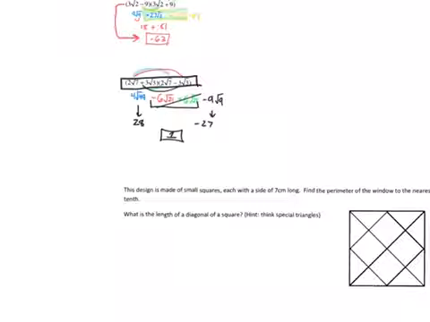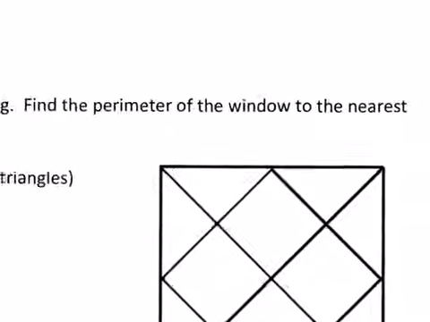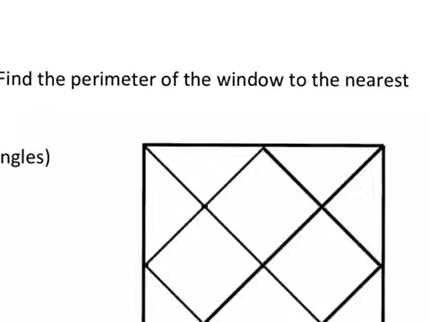Alright, so here's one that actually might be tied back to a word problem scenario. So it says, this design here is made of small squares, each with a side of 7 centimeters long. So that would mean any of these different side lengths here of any of the squares would be 7 inches long.